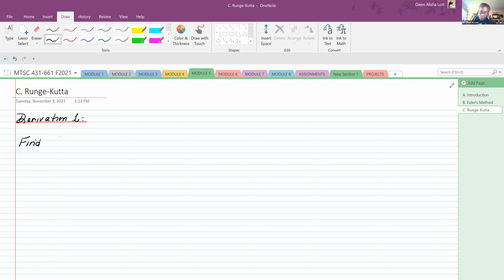So we want to find y equal to y of x when you know dy dx is defined by a function of x and y. So we basically know that the slopes at any given time are equal to a function f of x and y, and that function is provided.